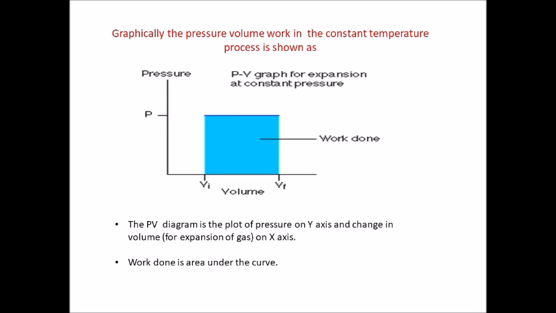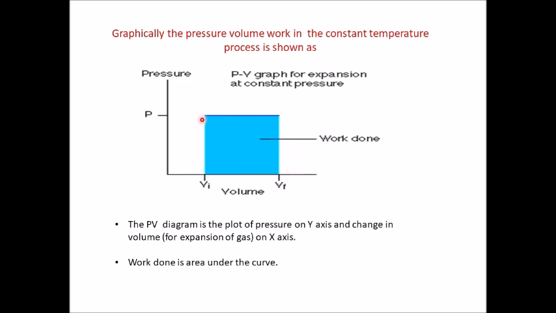Now, coming to the graphical representation of the pressure volume work, we see that if we plot a graph of pressure versus volume and we note the changes in volume when pressure remains constant, then what we will see is that the graph is a straight line which is parallel to the x-axis.